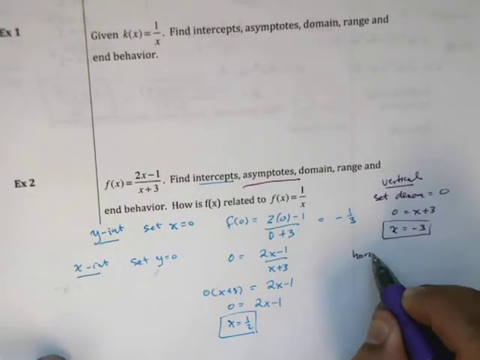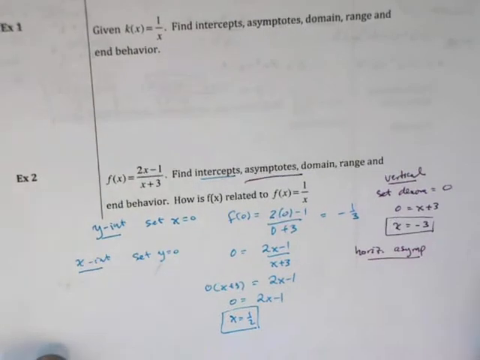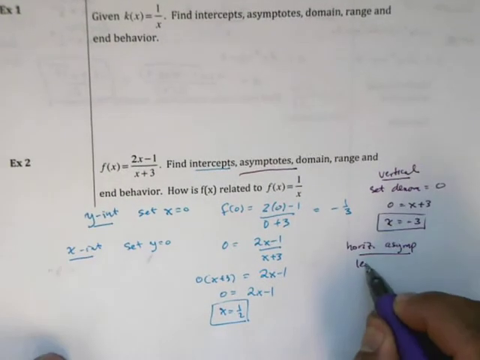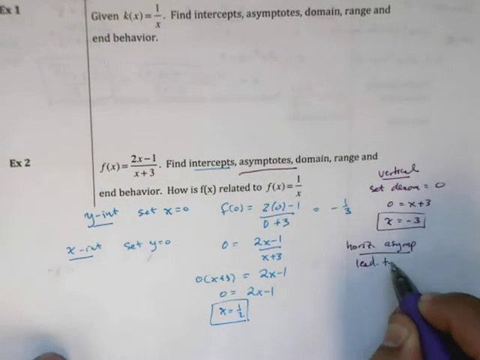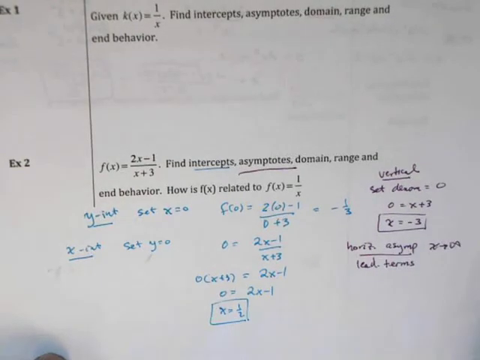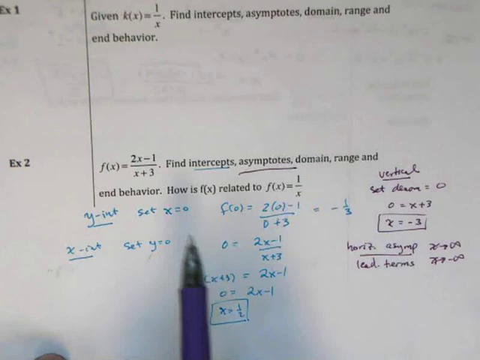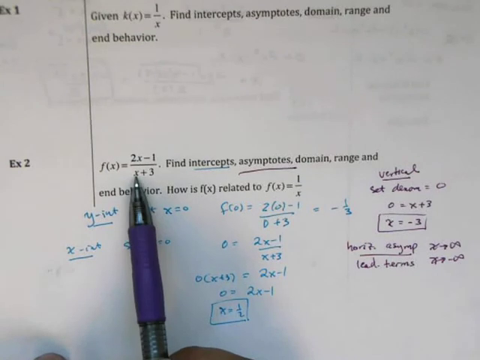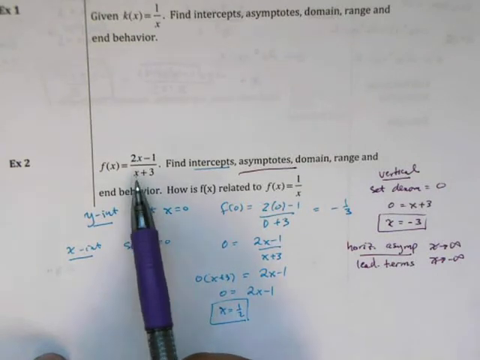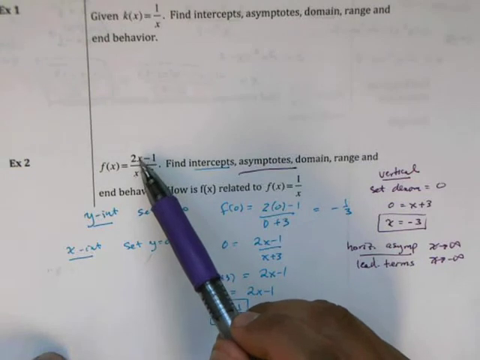Now for the horizontal asymptote, we really just care about the leading terms, because this is saying as x goes towards infinity, or x goes towards negative infinity. In other words, if you plug in some really huge number, the only thing that really matters is the leading terms.